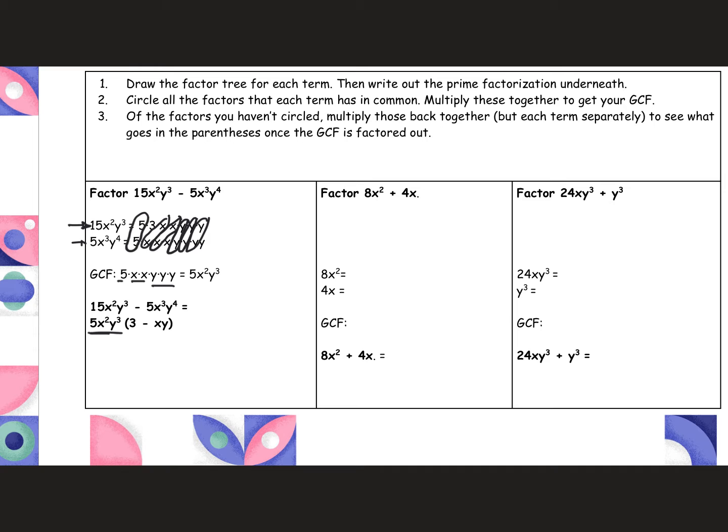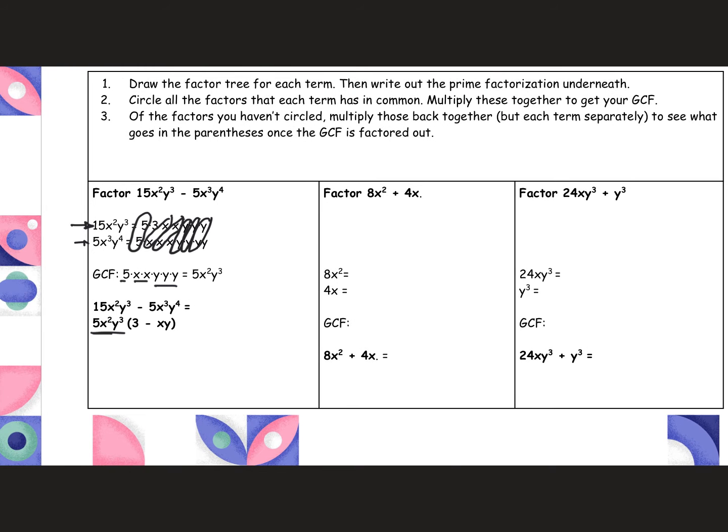If we were to distribute that back out, so we can double check ourselves, we're going to multiply everything in the parentheses by 5x squared y cubed. 5 times 3 gives me 15. My x squared y cubed stays the same. Minus 5, x squared times x gives me x cubed. y cubed times y gives me y to the 4th. And we get our original polynomial.